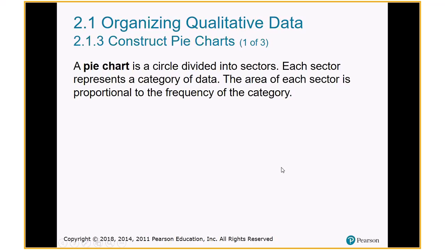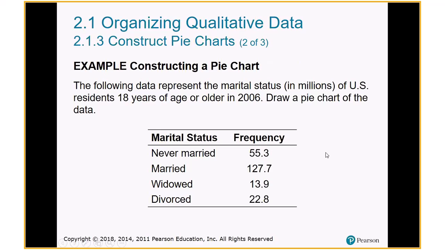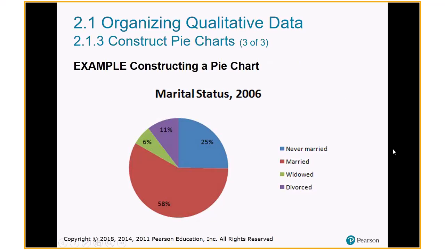Pie chart. Make sure you know how to do a pie chart. All right, we're going to do an example here. Let's say that n is equal to 1,000. Let's make it easier. n is equal to 100. So write down n is equal to 100. So how many people were never married? 25 people.